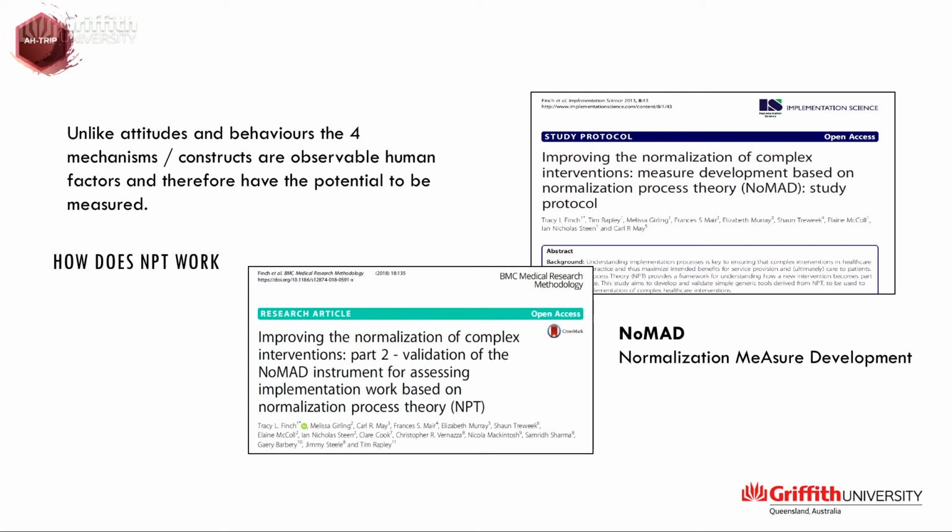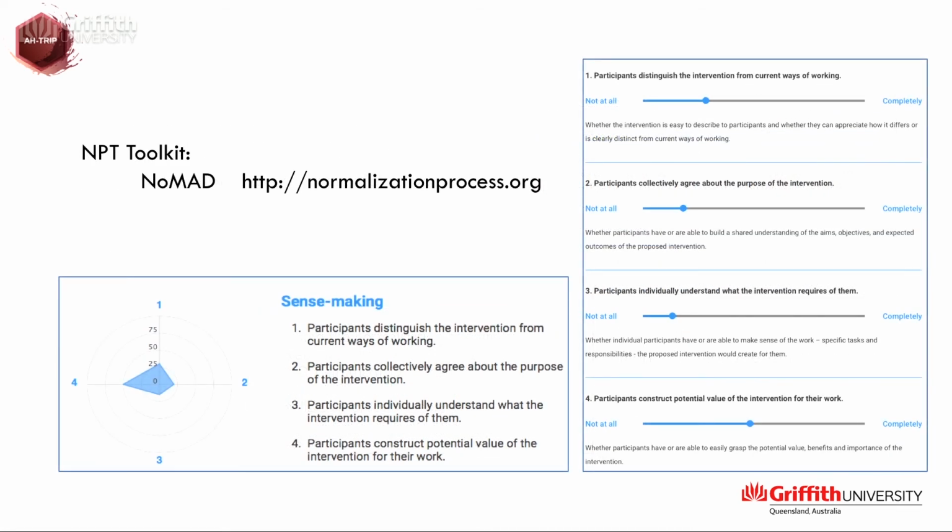So let's just have a brief look at that at the moment. If you go to normalizationprocess.org, there is actually a model, if you will, or a toolkit as they call it, where you can go in and play with this if you like. So on the right, we have looking at sense making or coherence. And here's types of questions that you might be wanting to ask.